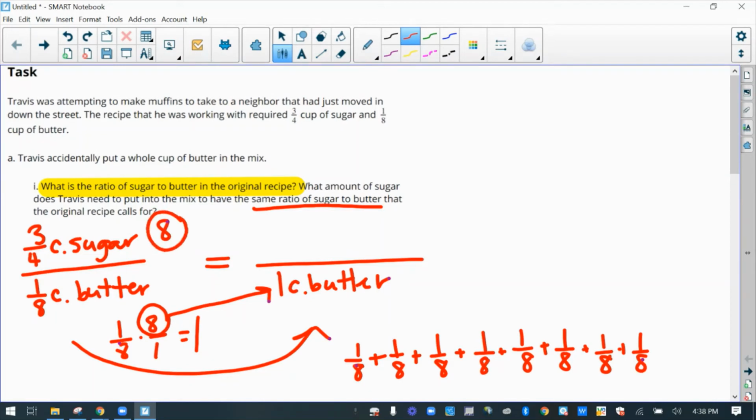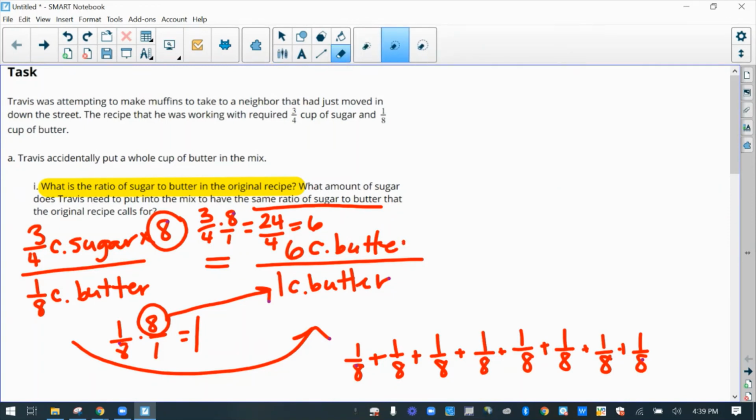This is where I'm finding how I'm going to increase the amount of sugar to make up for the extra butter. So if I multiply the numerator 3/4 cups by 8, I would get 24 fourths, which is the same as 6. So 6 cups of sugar would offset the amount of butter used in this recipe.